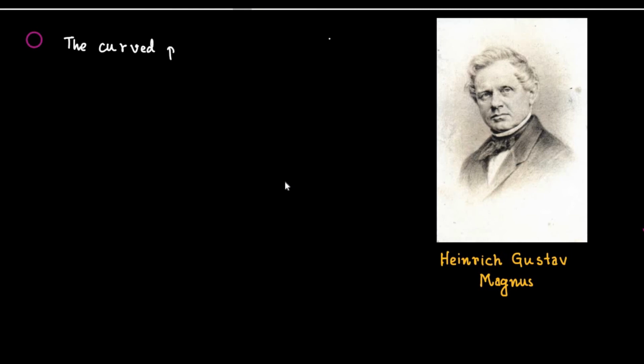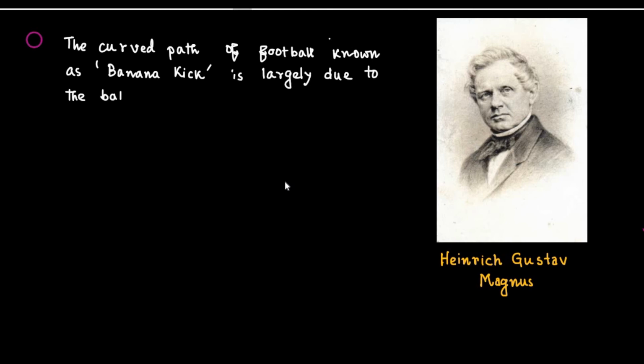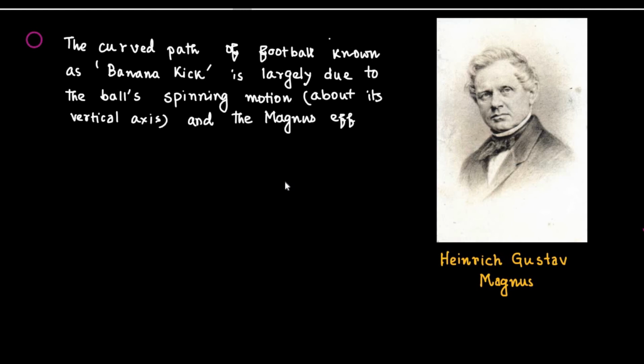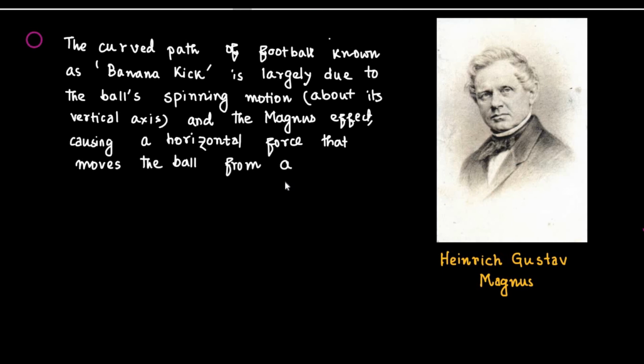The curved path followed by the football, known as the banana kick, is largely due to the ball spinning motion about its vertical axis and the Magnus effect causing a horizontal force that moves the ball from its straight line trajectory.